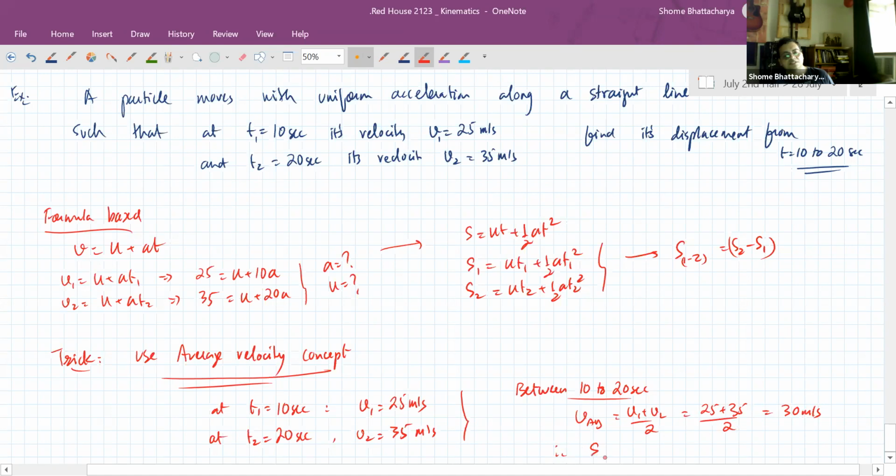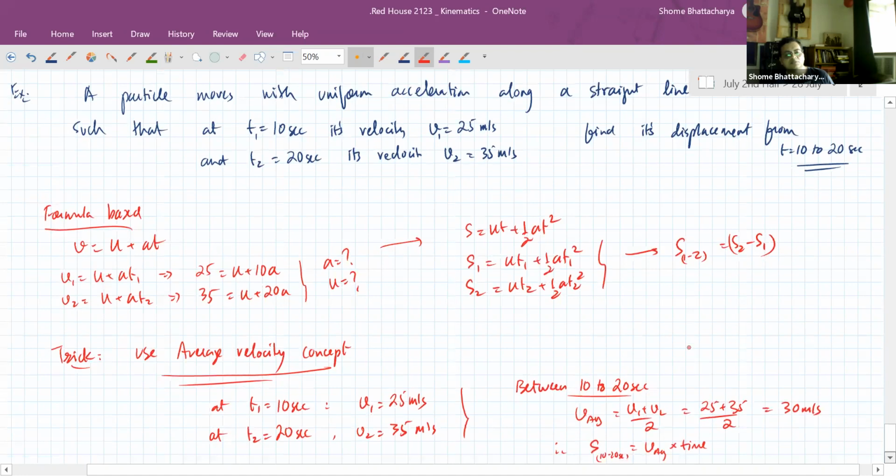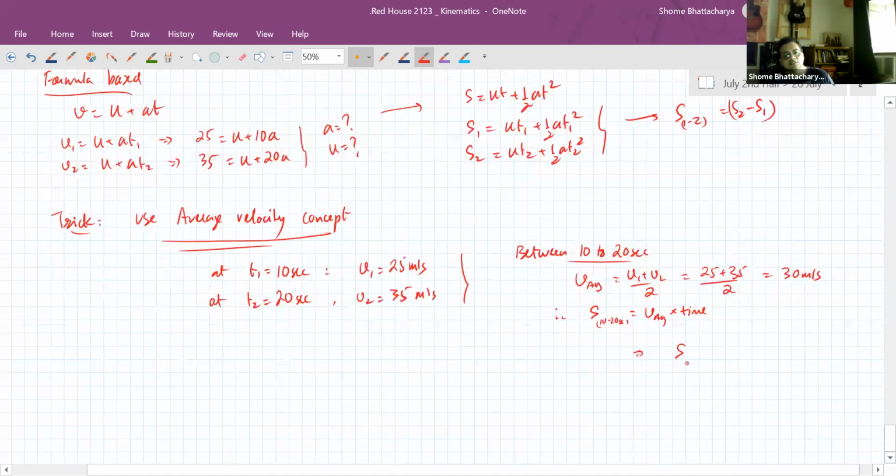So therefore, the displacement from 10 to 20 seconds will become the average velocity into time. So that is the definition of average velocity, that is displacement upon time. So the displacement from 10 to 20 seconds should be equal to nothing but the average velocity of 30 meters per second into the time, which is 10 seconds. So it should be 300 meters.